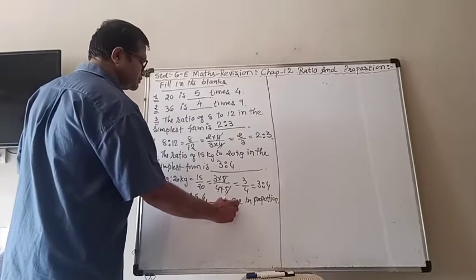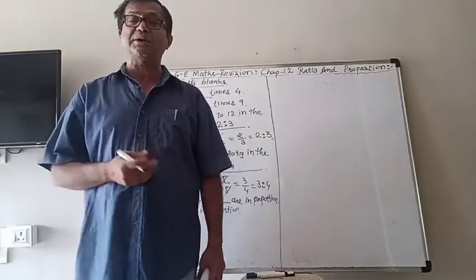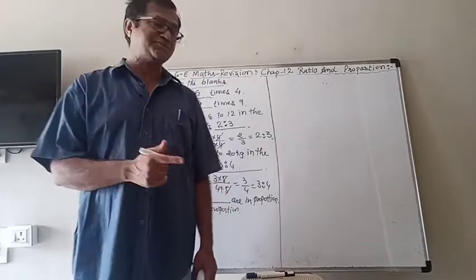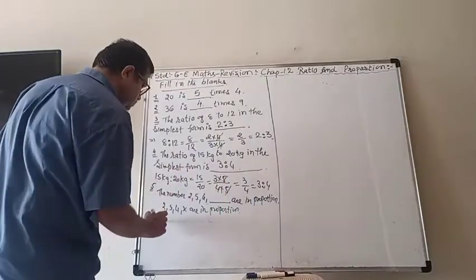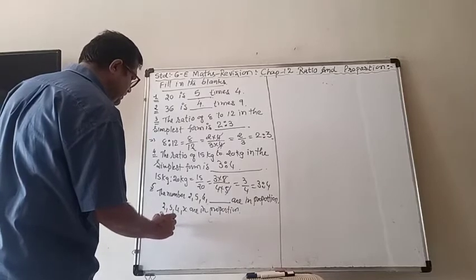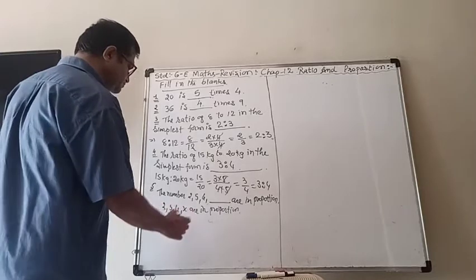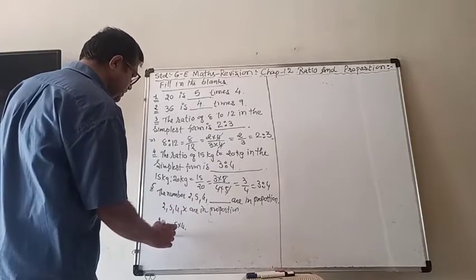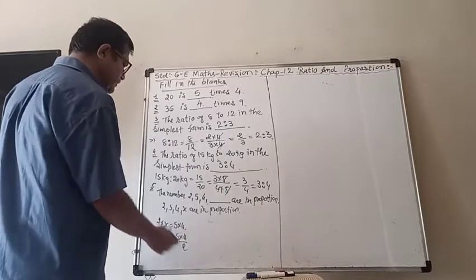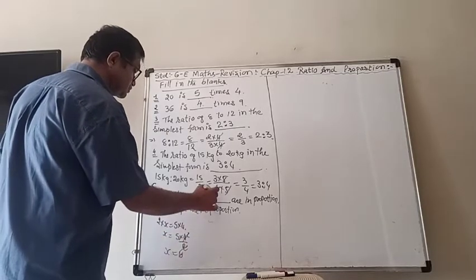We know that the product of extreme terms is equal to the product of middle terms. So extreme terms are 2 and x, so 2 multiplied by x is equal to 5 multiplied by 4. So x is equal to 5 multiplied by 4 divided by 2. So x is equal to 10.